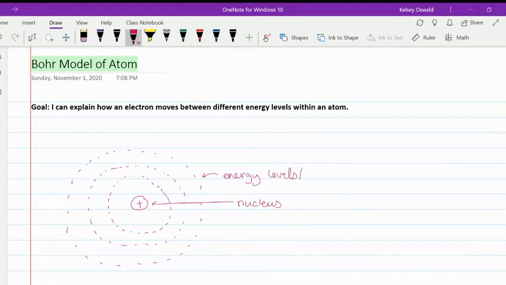Around the nucleus, we have energy levels or orbits that contain our electrons. Our electrons are going to start out in the ground state, or that energy level closest to the nucleus.